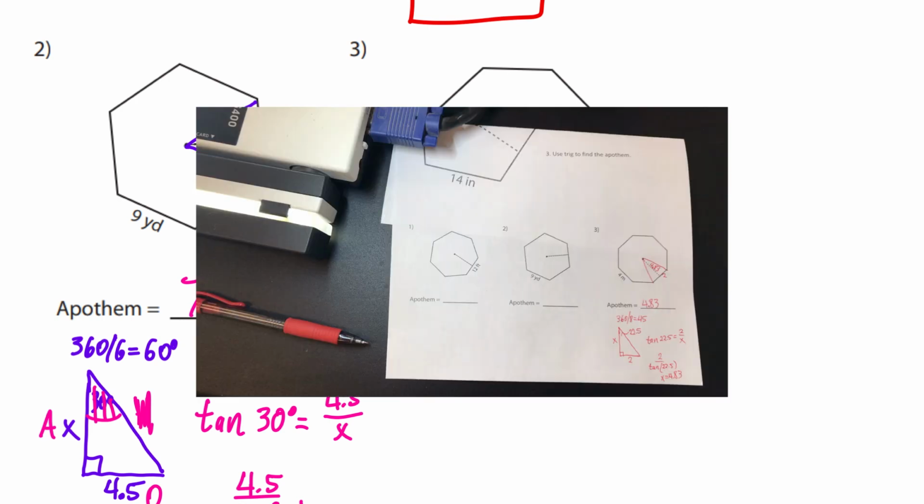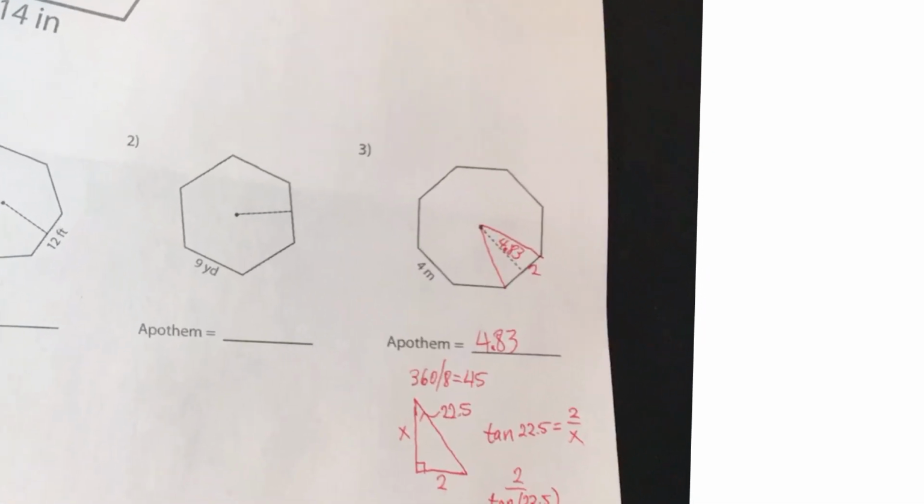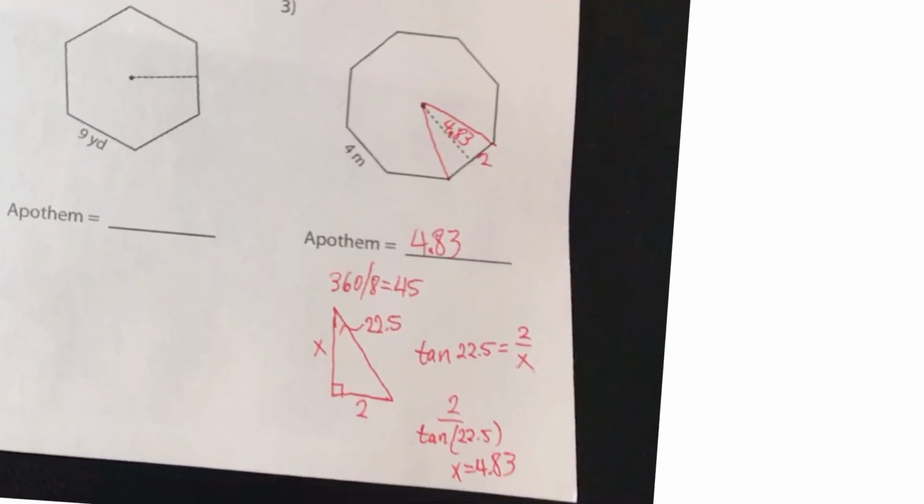How'd you get 2? Okay, so how many sides does this have? 8.